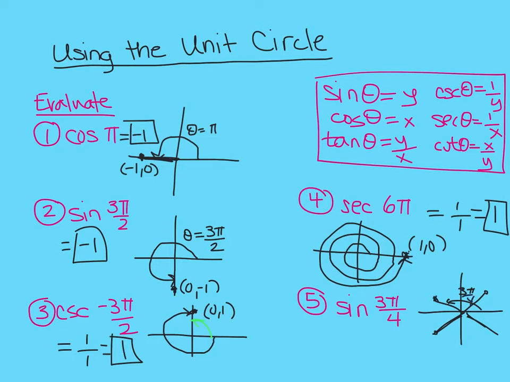If you have something over 4 on the unit circle, it will always have these two values as x and y: radical 2 over 2 and radical 2 over 2. You then just need to figure out what your signs are. In this case, I'm in quadrant 2, so my sign for x is negative and my sign for y is positive. Since I'm looking at sine, I choose the y value, which gives me radical 2 over 2.